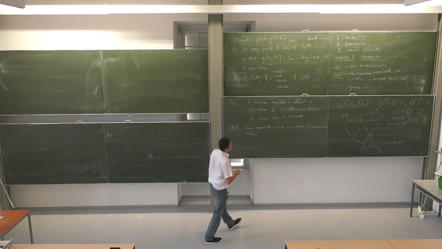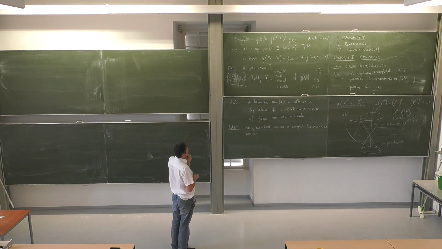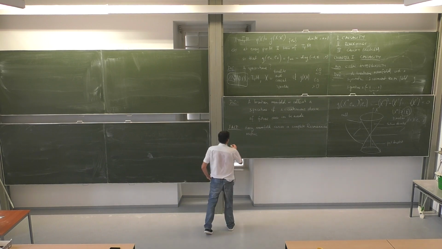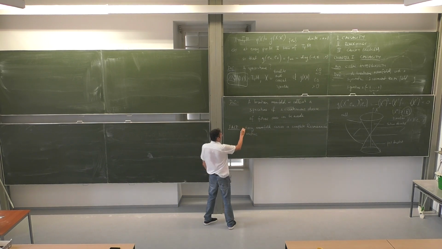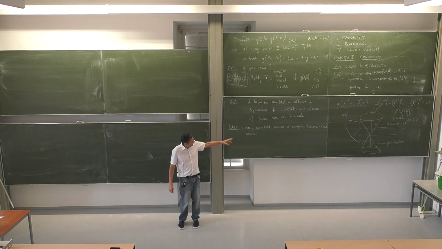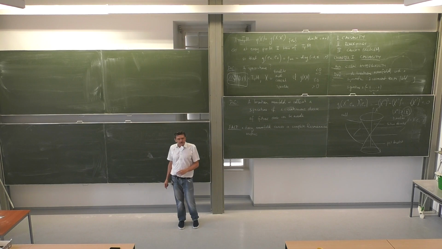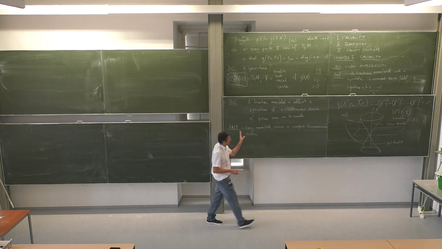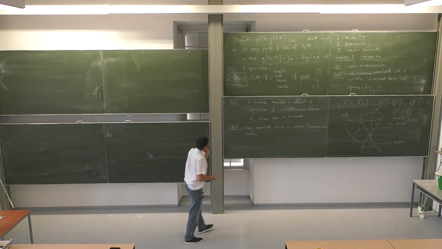And now how can you construct a Lorentzian metric? By the way, I'll be using this complete Riemannian metric in a lot of places. So take a manifold, choose one. You know that there exists one. It will not be important for what I'm doing, but I'm going to use it all the time. So let's choose one. Then how can I construct a Lorentzian metric out of it?